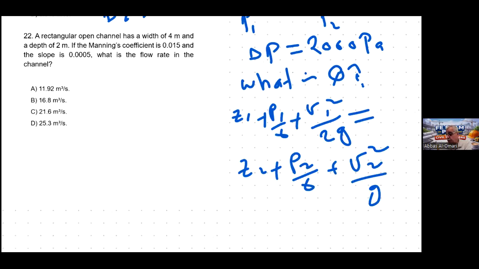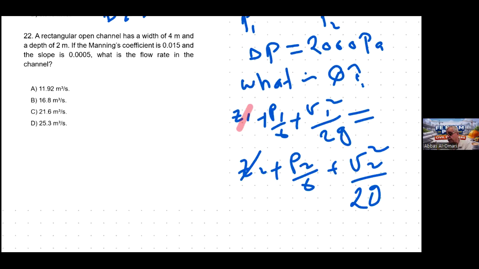Now, we try to simplify this equation. So we have Z1 equals Z2, so we can cancel Z1 and Z2 from both sides. We will be left with P1 and P2, which are known, and V1 and V2.